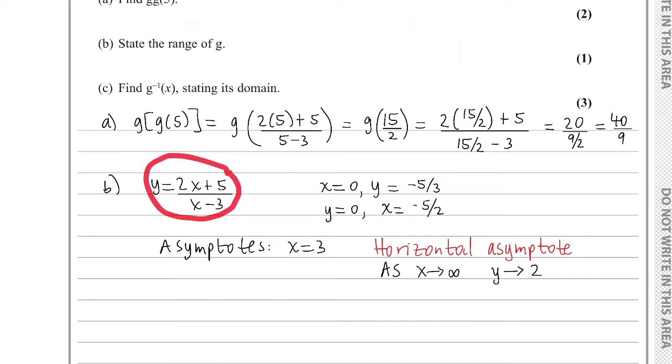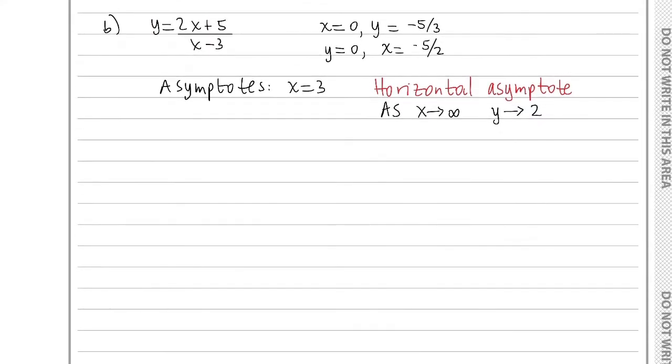You will see that the plus 5 and the negative 3 become insignificant as x grows larger and larger, and therefore this simplifies to 2x over x, which is just 2. So I think we've got enough information at the moment to draw a sketch of this.